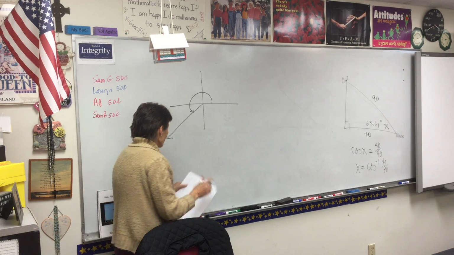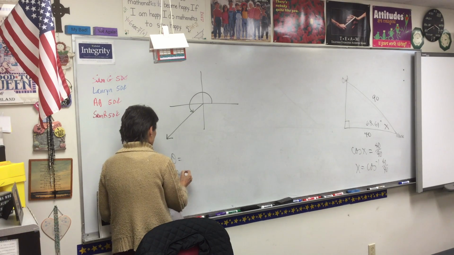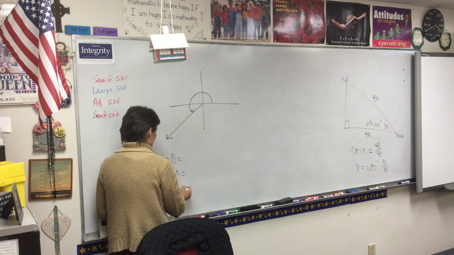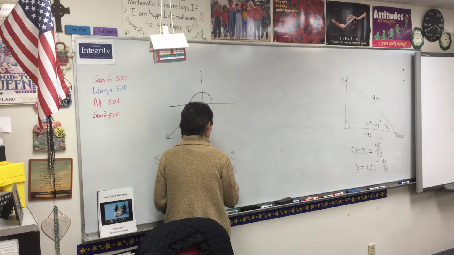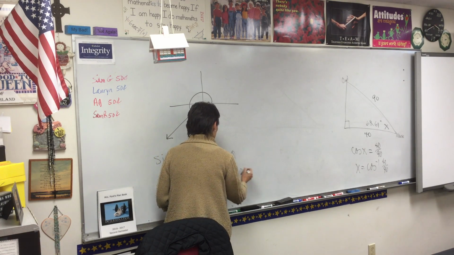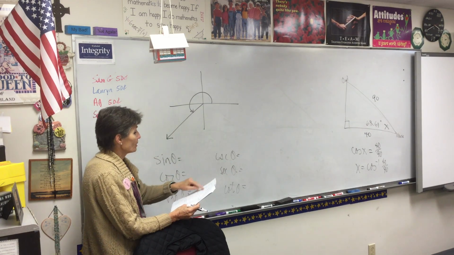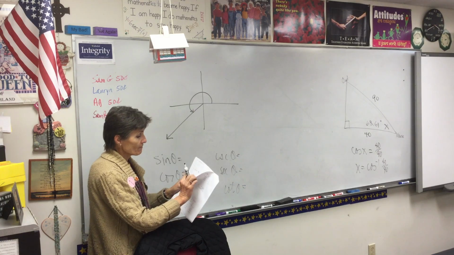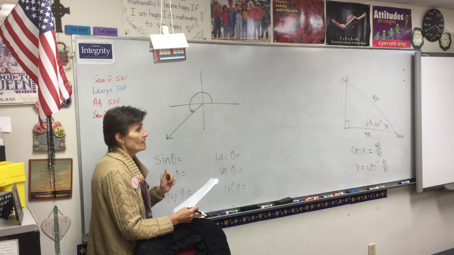Your job is to find the sine and the cosine and the tangent and the cosecant and the secant and the cotangent for this angle. We're on the back of page 34.